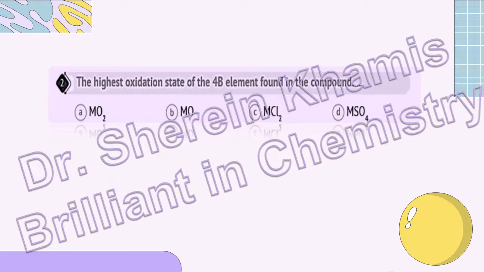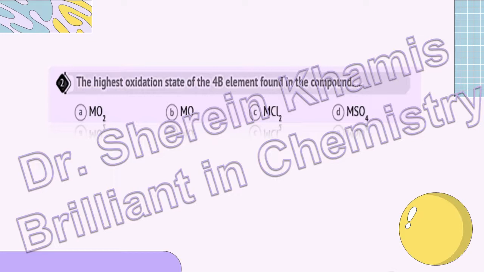We have also here MCl2. Cl here is monovalent and M will be divalent, so it will also be in group 2b, so it will be a wrong answer. The last one here has SO4 negative 2 and M also will be plus 2.